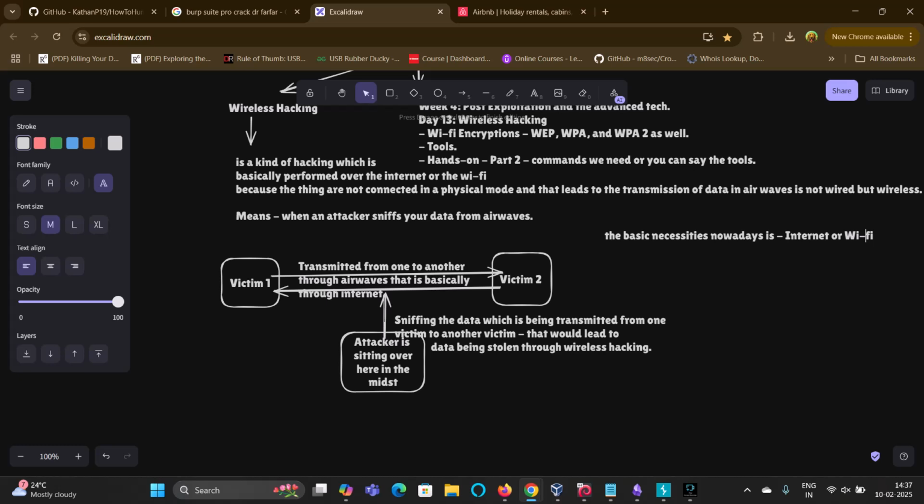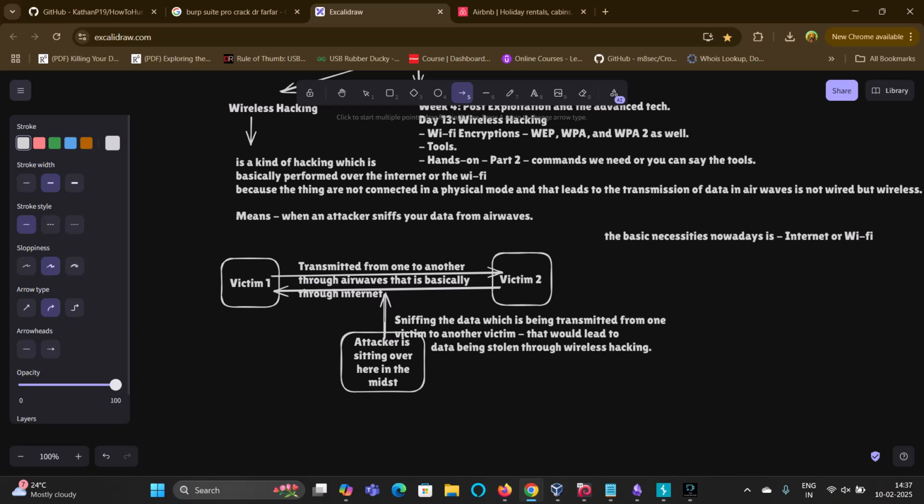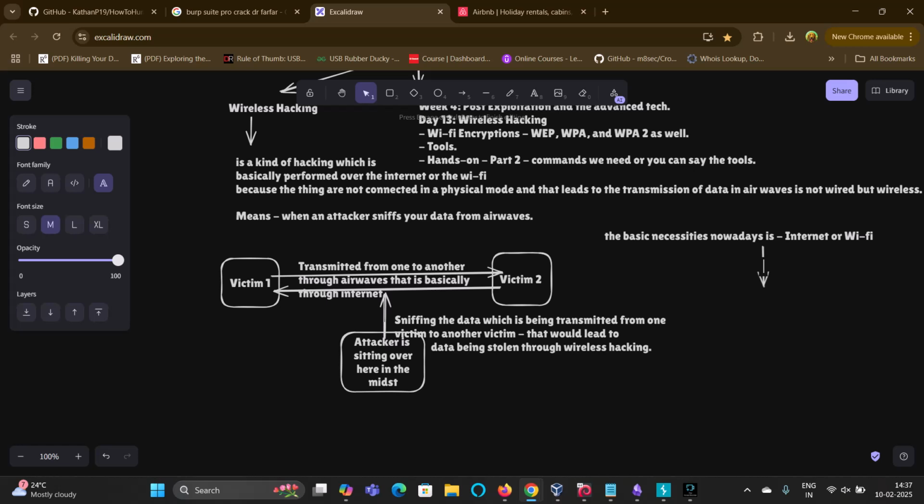And if it is scary, how do we protect against it and prevent it from happening? There comes the usage of Wi-Fi encryptions.